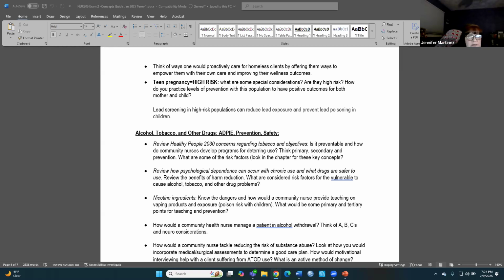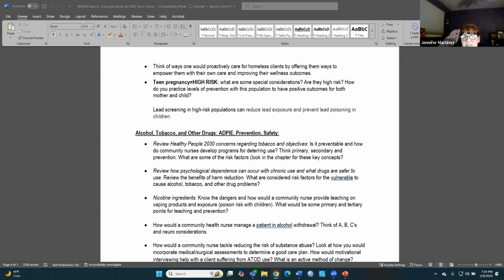What's the difference between psychological and physiological dependence? Psychological is like a mental one, and then the other one is like your health depends on it. You can't stop it, or you will die if you potentially stop doing it. Right.